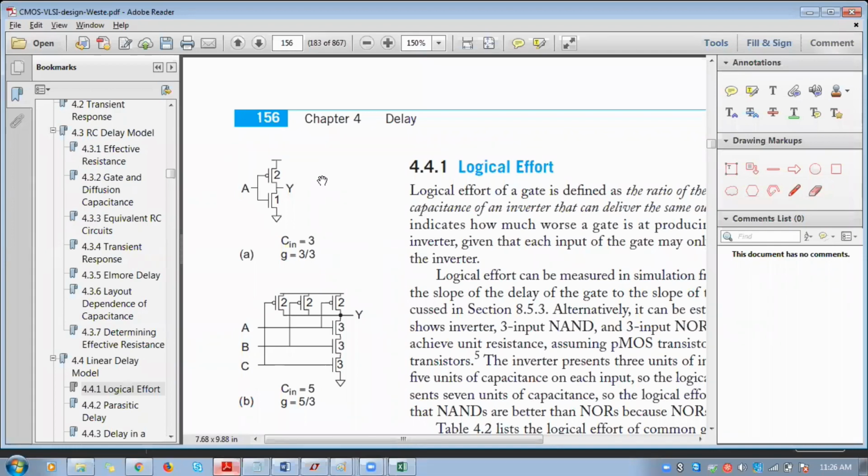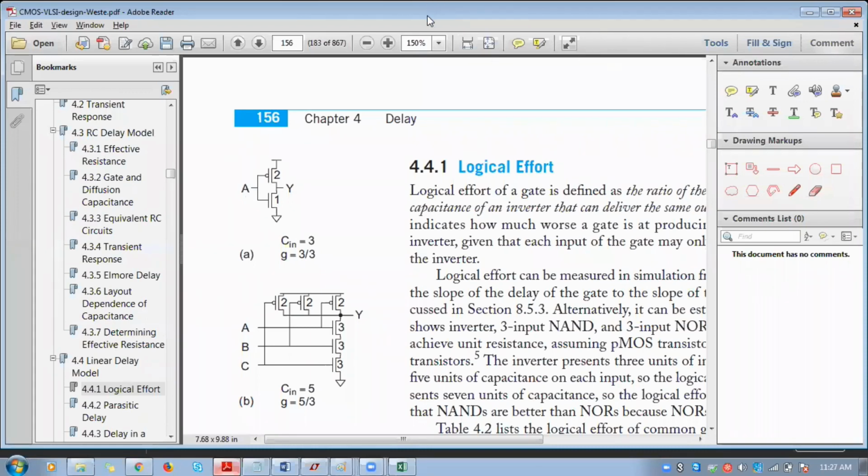According to the definition of logical effort, we need to take the ratio of the input capacitance of the gate. Here the gate is the inverter itself, so this input capacitance is 3, divided by the input capacitance of the unit inverter, already calculated as 3. So 3 by 3 is 1, the logical effort of this particular gate.